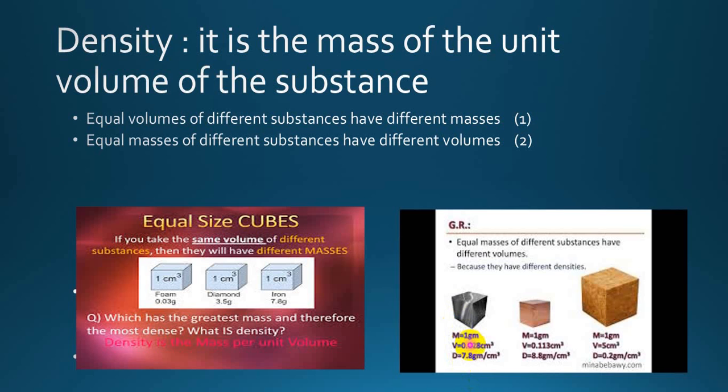I have 1 gram of cork, 1 gram of wood, 1 gram of iron. They are equal in masses, but they are different in volumes. Here we can notice that the volume is not the same due to the difference in density.